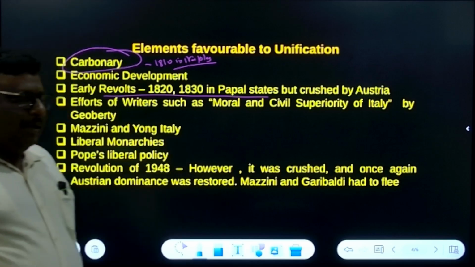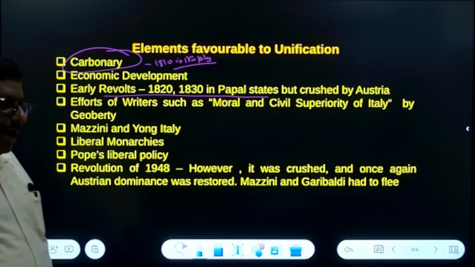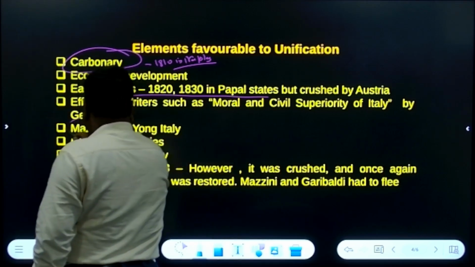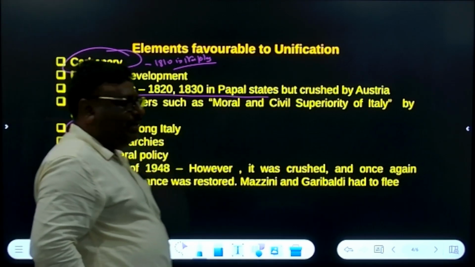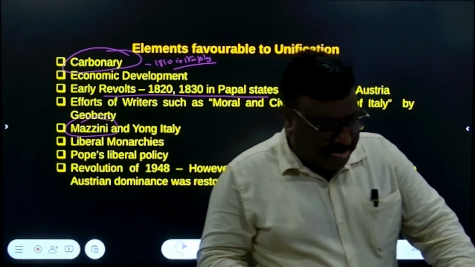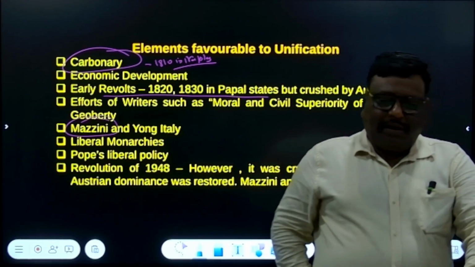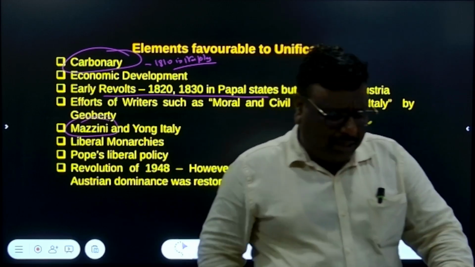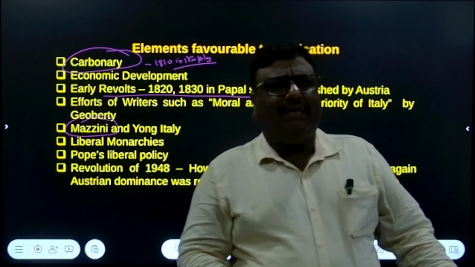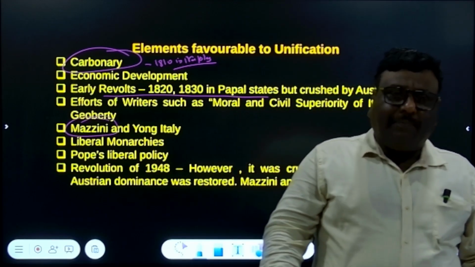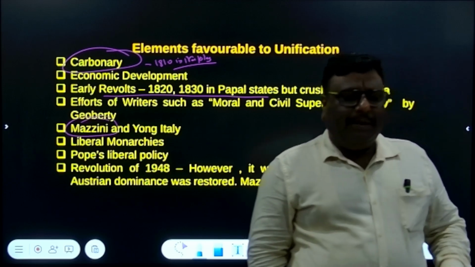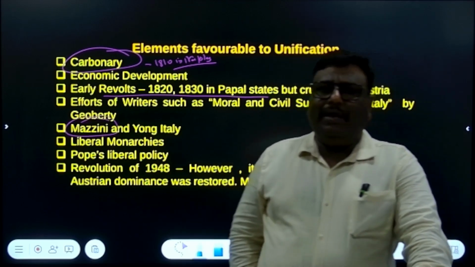The idea of nationalism, the spirit of nationalism, was evolved through Mazzini and his organization, Young Italy. Mazzini was a scholar. I think he was a professor. He also participated in the 1830 revolt, and after the suppression of the revolution, he was arrested and imprisoned, where he wrote Young Italy.